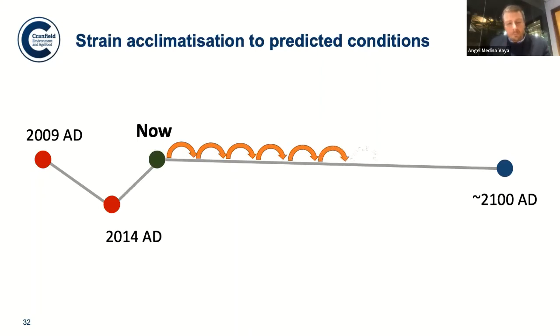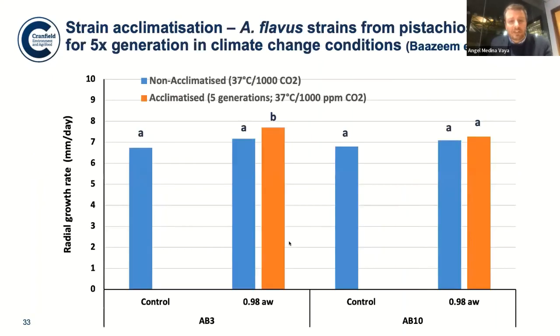That means that instead of going directly from current to conditions in the future, we'd be subculturing the fungi in increasing temperatures and increasing CO2, in a way that we arrive at the final conditions. And really, it was a nice suggestion, so we didn't doubt that we had to do it. And I'm going to show you some of the newest results that we have in that regard.